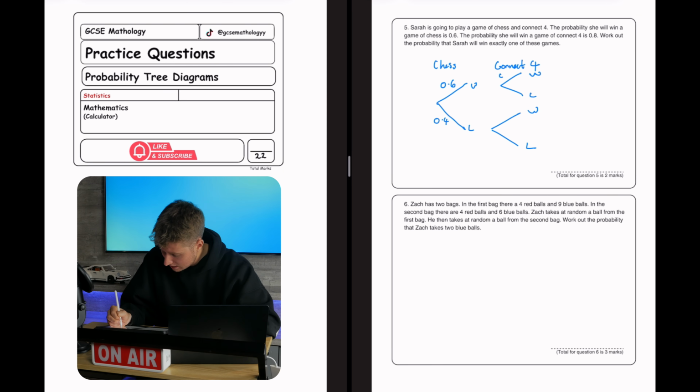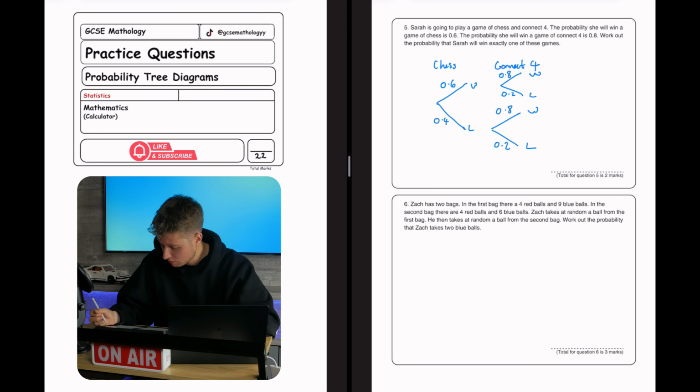Now the probability that you'll win a game of chess is 0.6. All probabilities are out of 1, so the probability of losing is 0.4. Then we have connect 4. The probability of winning a game of connect 4 is 0.8. So that means the probability of losing a game of connect 4 is 0.2. And this is repeated.